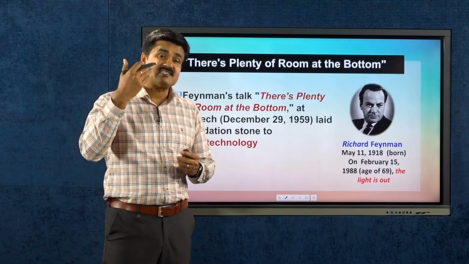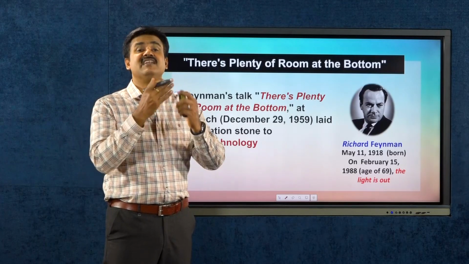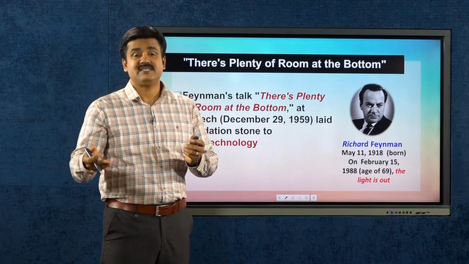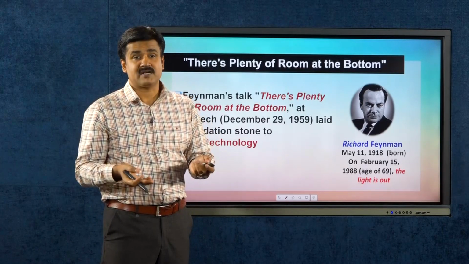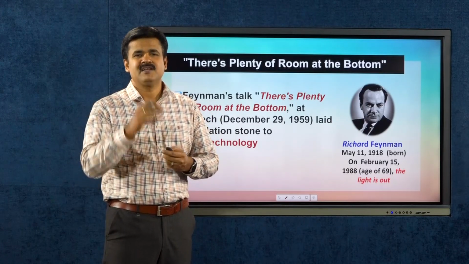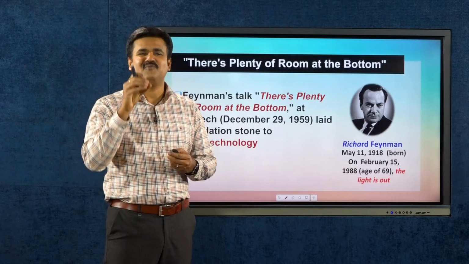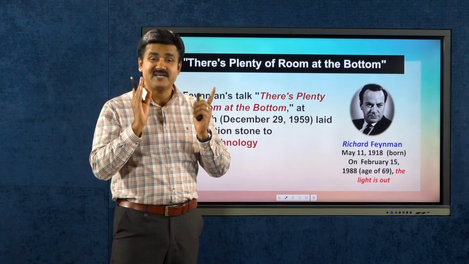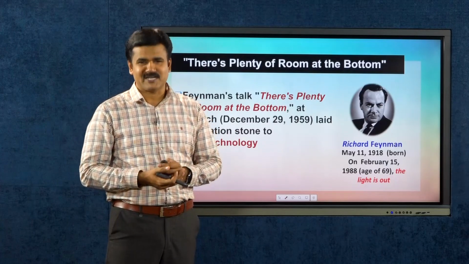Enormous properties are there. Whenever we transform from a bigger material to a nanomaterial, there will be new properties, new phenomena, new physicochemical properties. This statement is very important, and it is considered the foundation stone of nanotechnology.